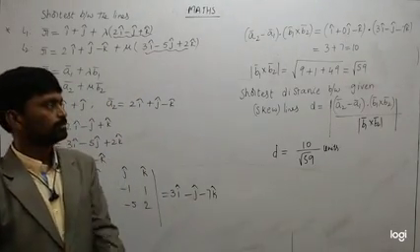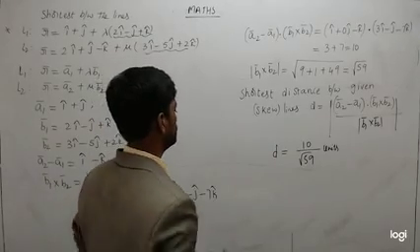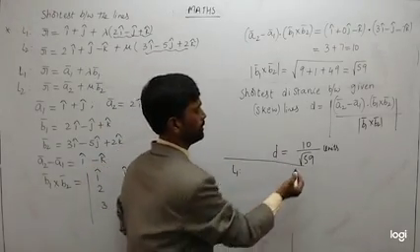Okay. Suppose if Cartesian forms are given, suppose the line equations, the first line is given, this is over, completed.